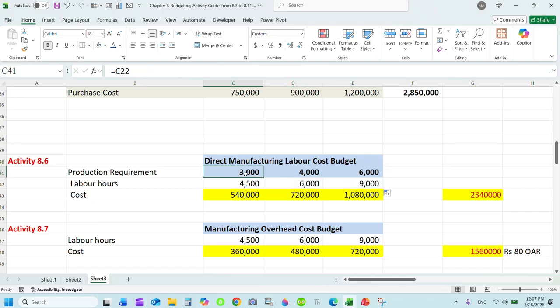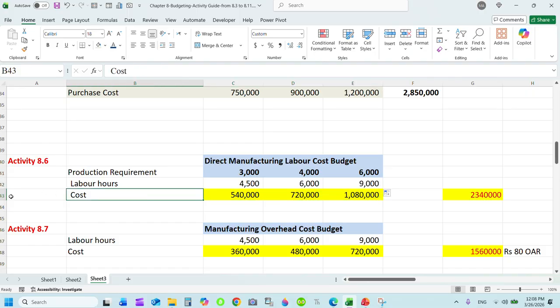Accordingly, for the month of January, production requirement 3,000, labor hour requirement is 4,500. Why? Per unit we need 1.5 hours. For February, 4,000 production requirement, per unit 1.5 hours, according to 6,000. For March, accordingly 9,000 labor hour requirement. So this is your labor hour requirement.